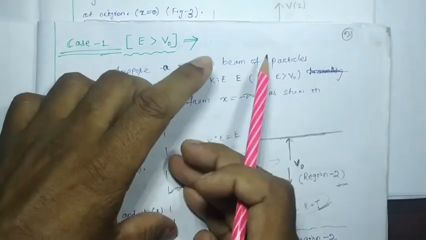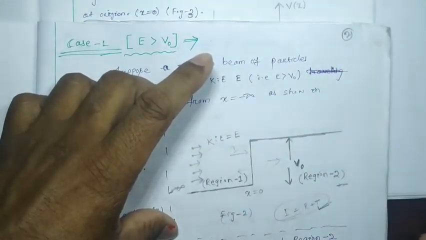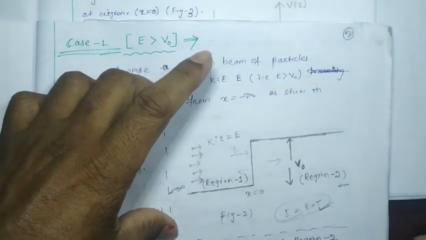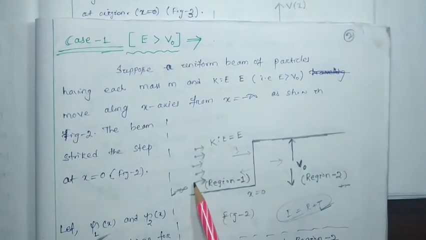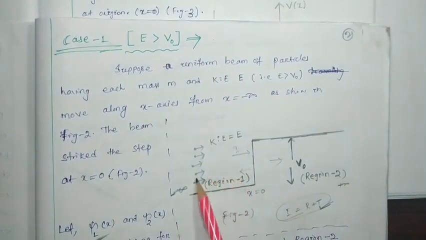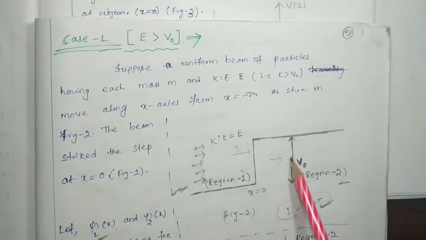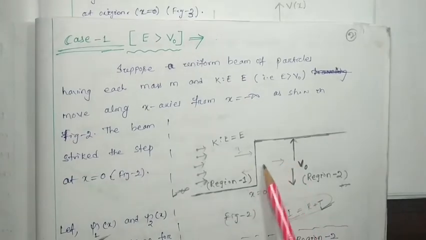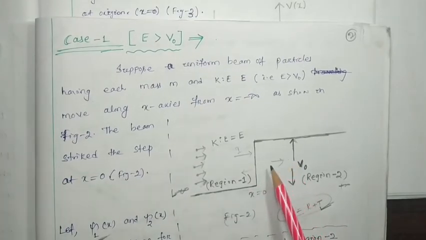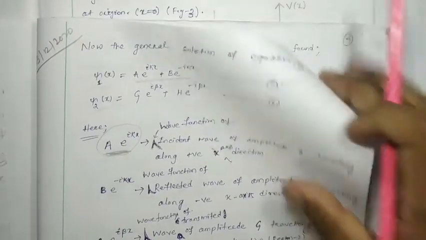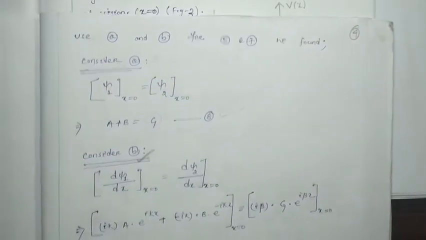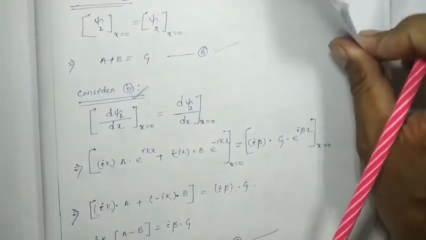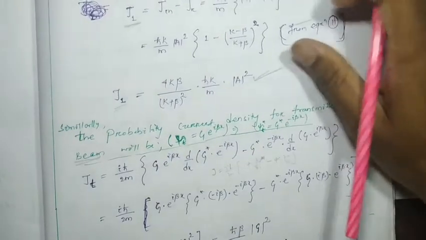Then part of it will be reflected or scattered back, and part of it is going to be tunneled inside this potential step. And the conclusions we got, we also discussed in our last class.